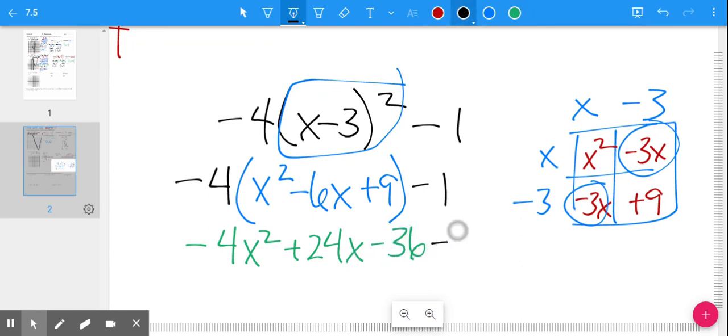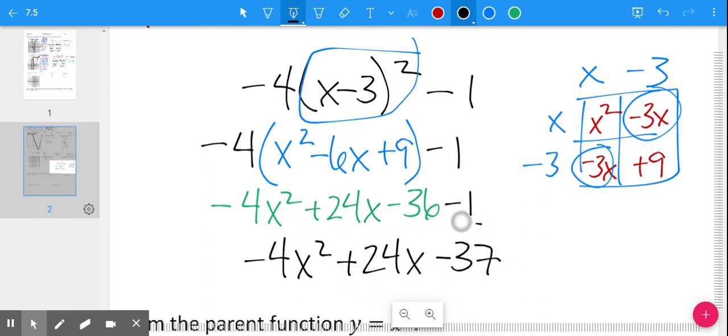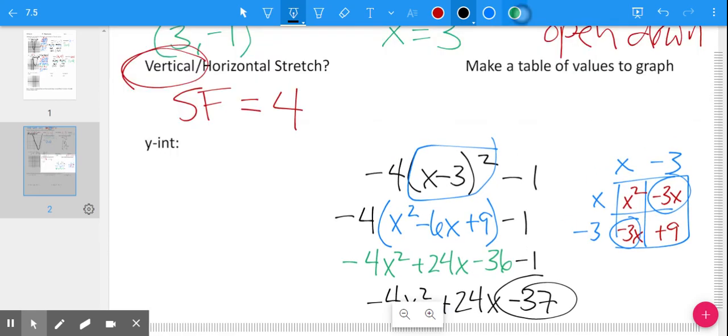And then bring down my -1. So when I combine like terms, one last time, I have -4x squared plus 24x minus 37, which means my y-intercept is -37. So 0, -37.